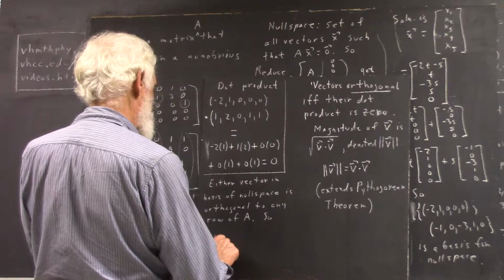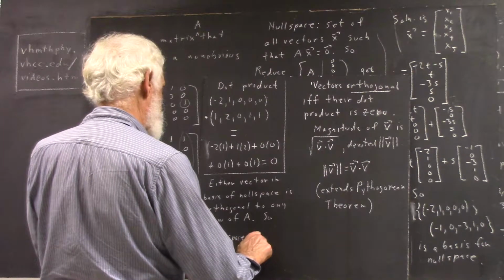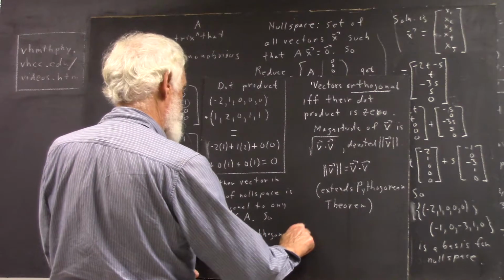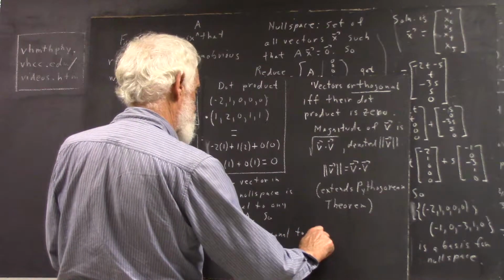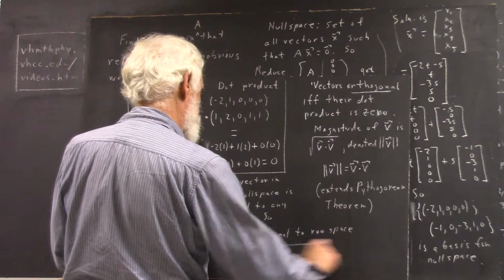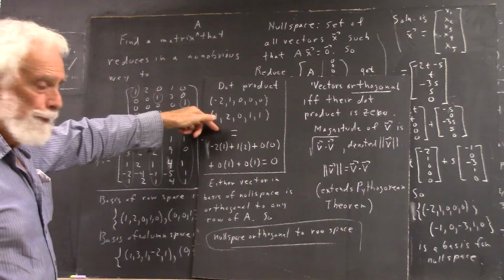So we say that the null space is orthogonal to the row space. And that's just using this simple dot product.